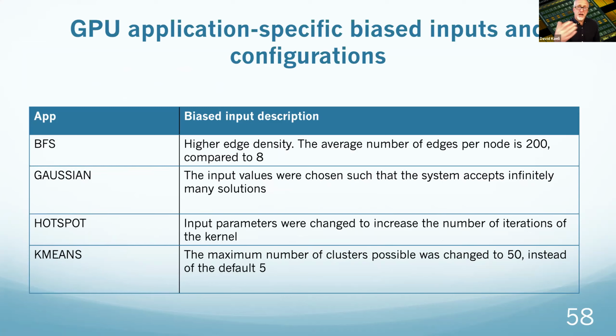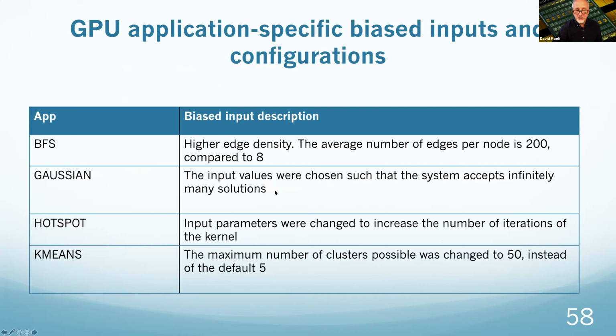But if we used biased inputs and configurations, we look at each one of the applications. For breadth first search, if we use higher edge density, the average number of edges per node is 200 versus 8. This is what we call our biased input description.